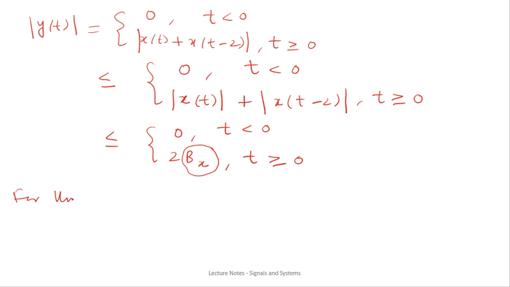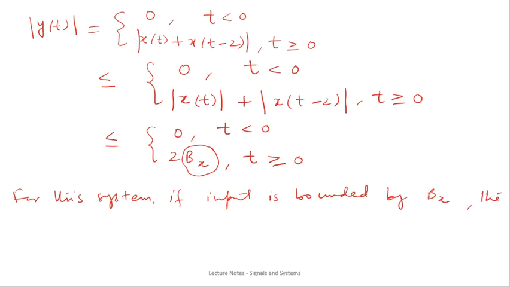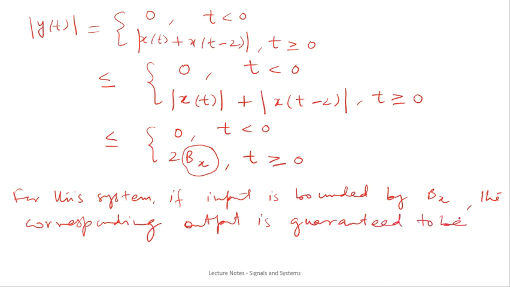So you can write down here that for this system, if input is bounded by bx, which is any positive number, the corresponding output is guaranteed to be bounded.